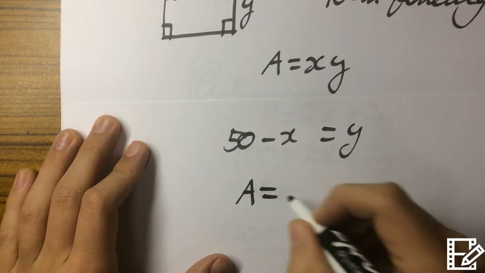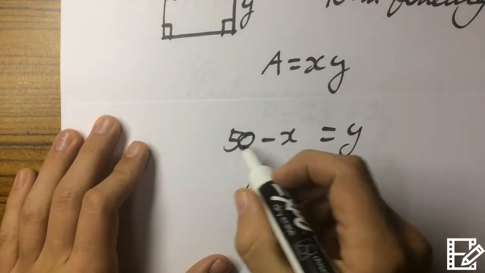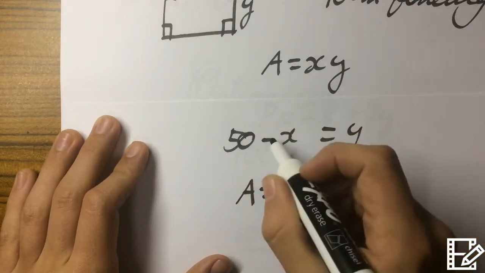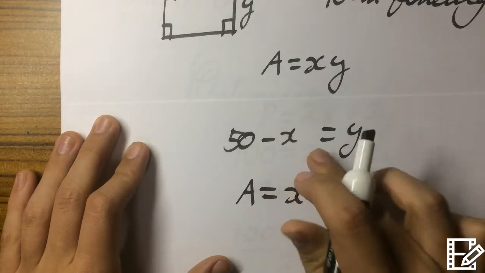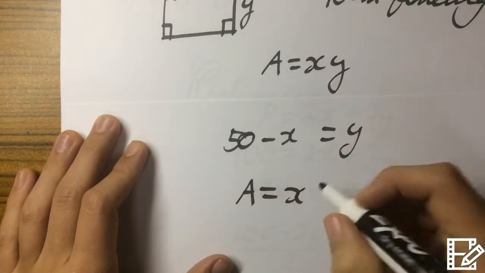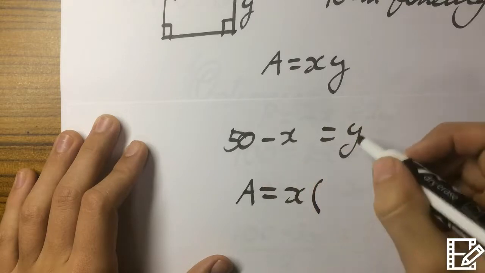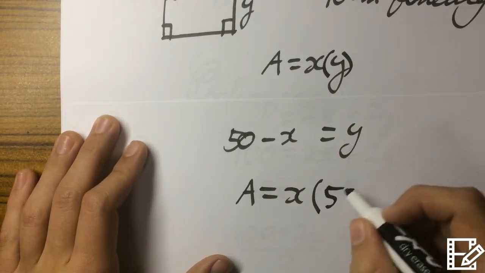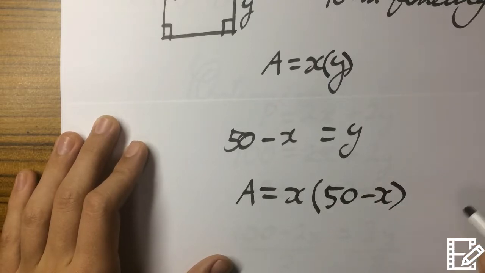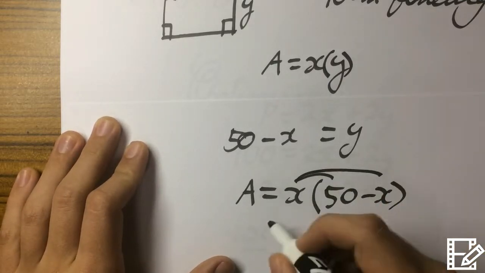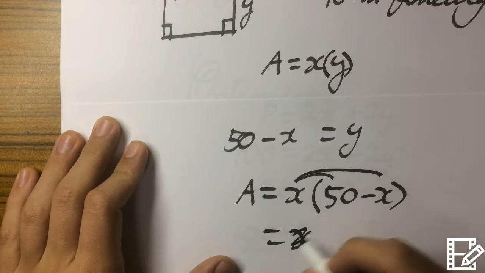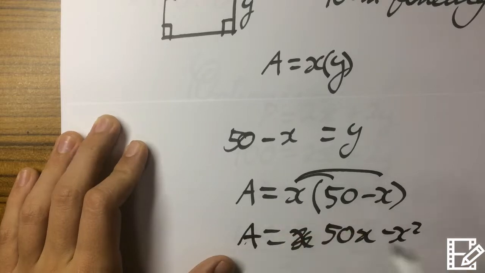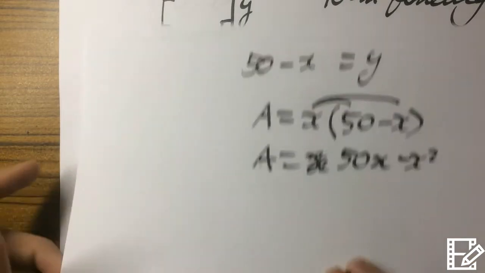So we have our area equals x times y, and because y equals 50 minus x, and we have a y here, we can sub this in, because y and 50 minus x are the same thing, hence the equal sign. So we can sub either the 50 minus x or the y in this spot here. So I'm going to sub the 50 minus x there, and then I'm going to expand it and get 50x minus x squared, and that will equal the area.